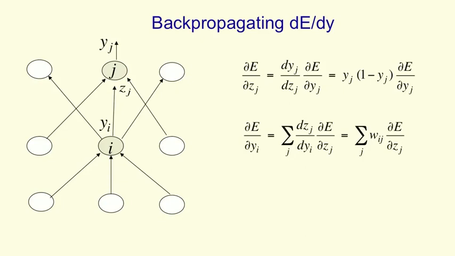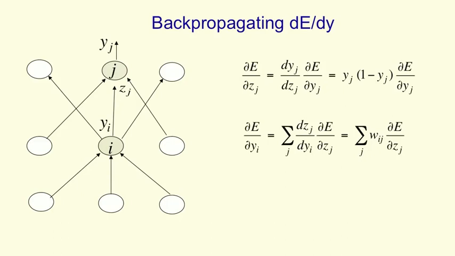Now we can compute the error derivative with respect to the output of unit i. It's going to be the sum over all of the three outgoing connections of unit i of this quantity: dz_j by dy_i times dE by dz_j.